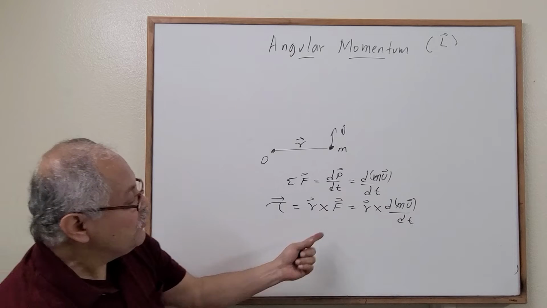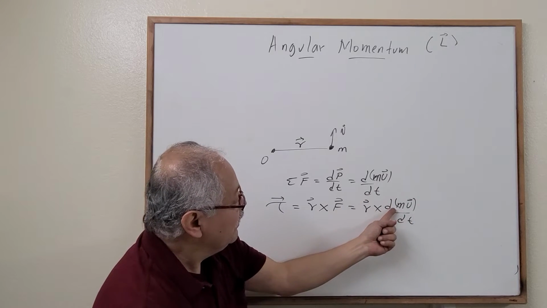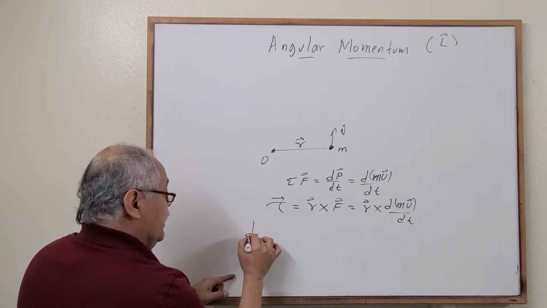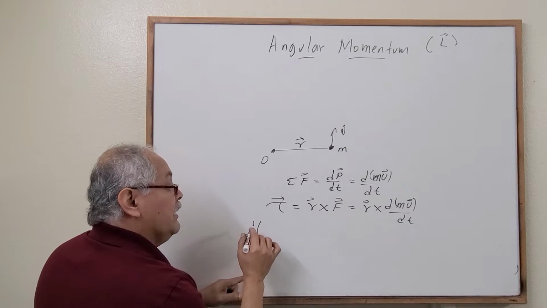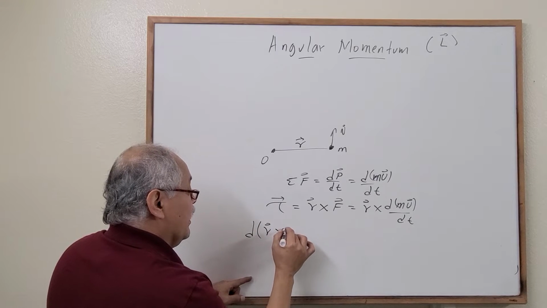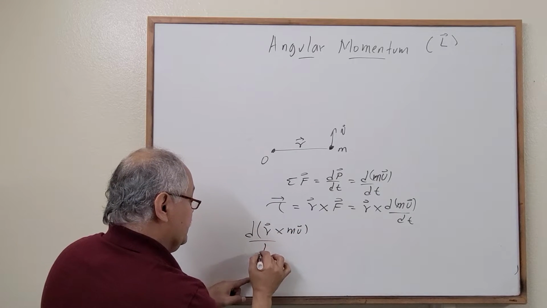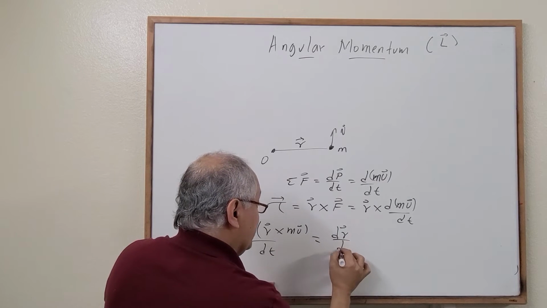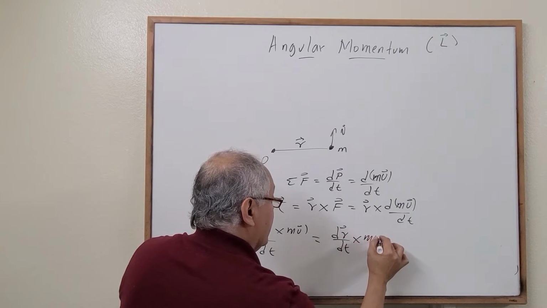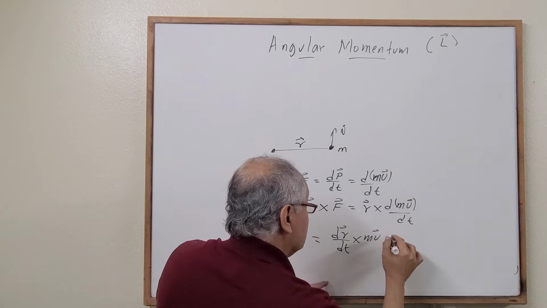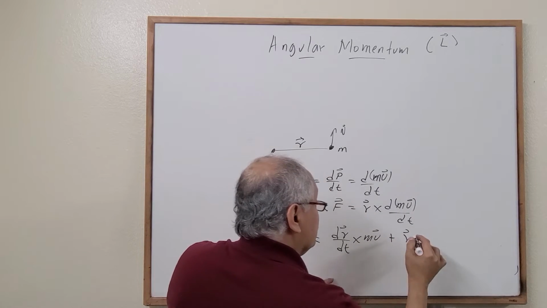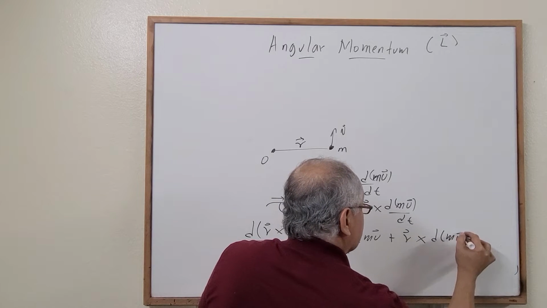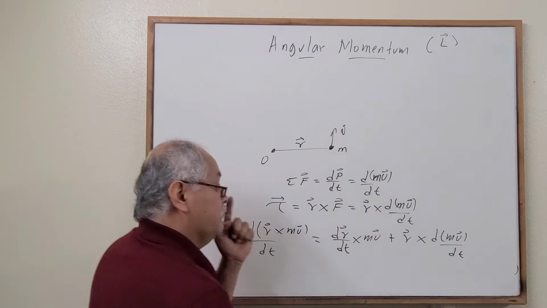Because we're involving the derivative of momentum, we can go back and find the derivative of this cross product with respect to time. This equals the derivative of r with respect to time cross the linear momentum, plus the position vector cross the derivative of the linear momentum.